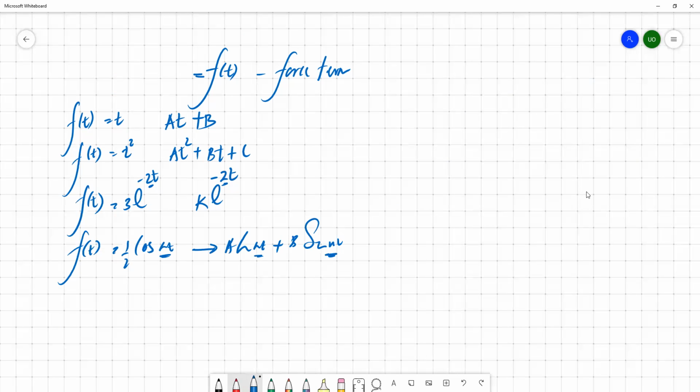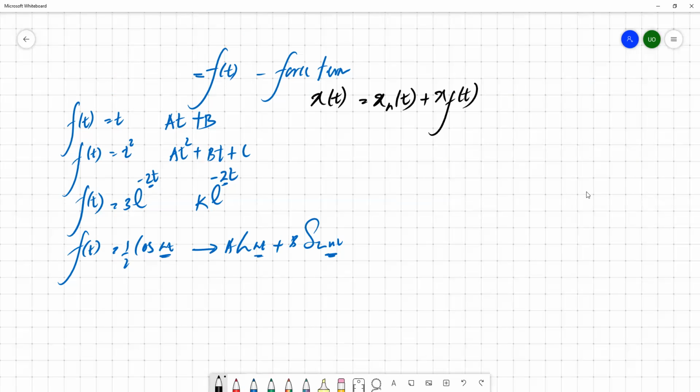In general, the total response x(t) is the sum of the natural and the forced response. What I want to emphasize here is that the ultimate response is the sum of these two quantities, the natural response and the forced response.